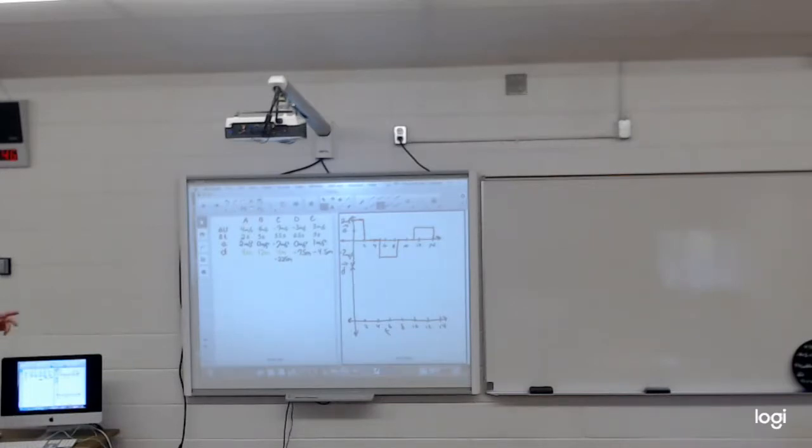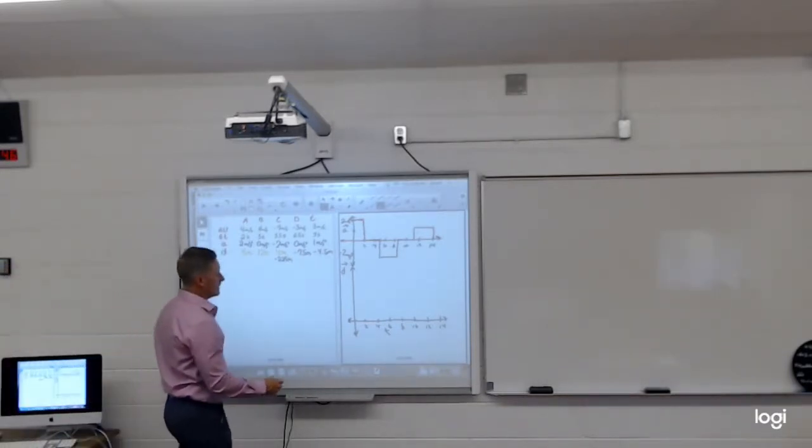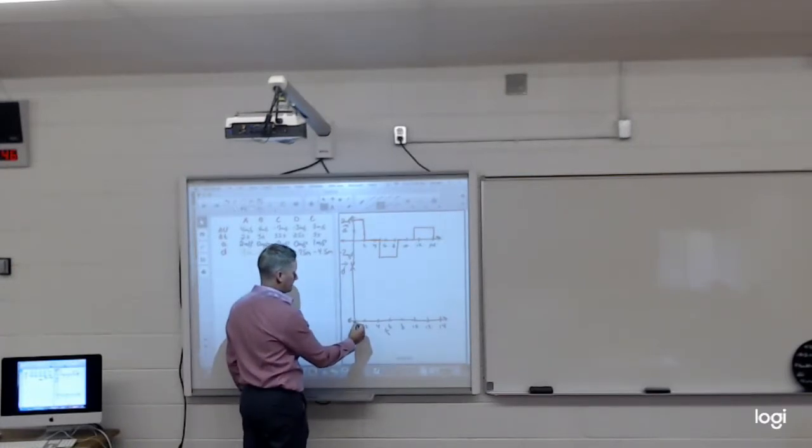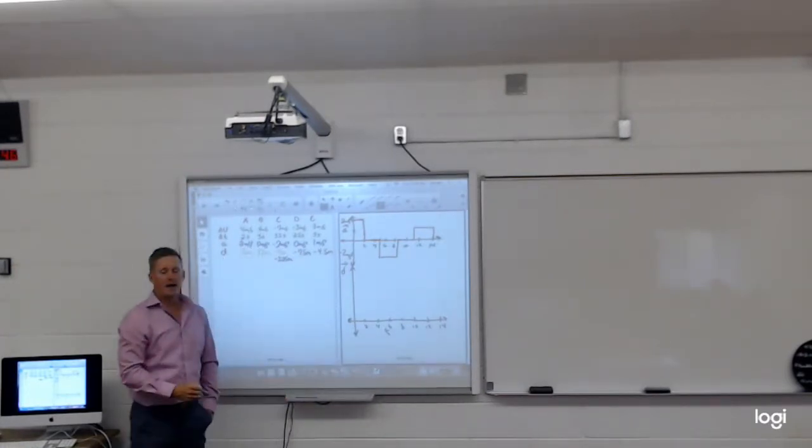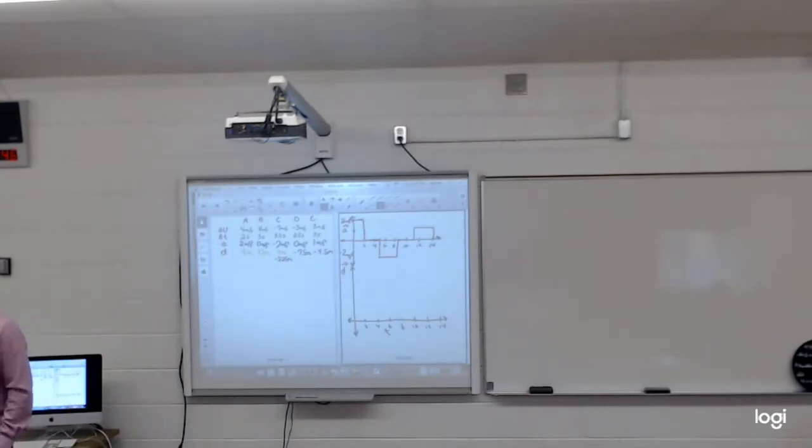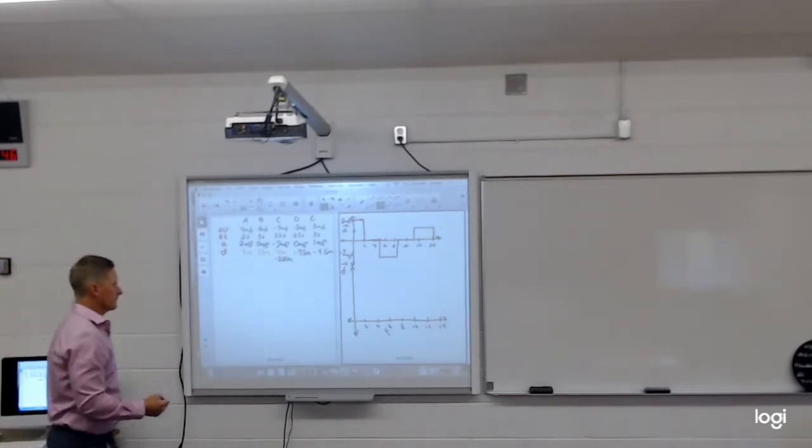I might be able to tie it into this distance time graph to make it make sense to you, okay? So now I started at home base right here. After 2 seconds, how far away was I from home? 4 meters. So I go right here.